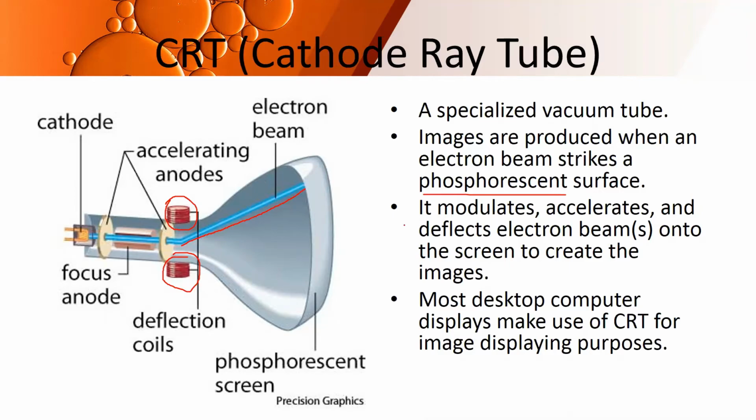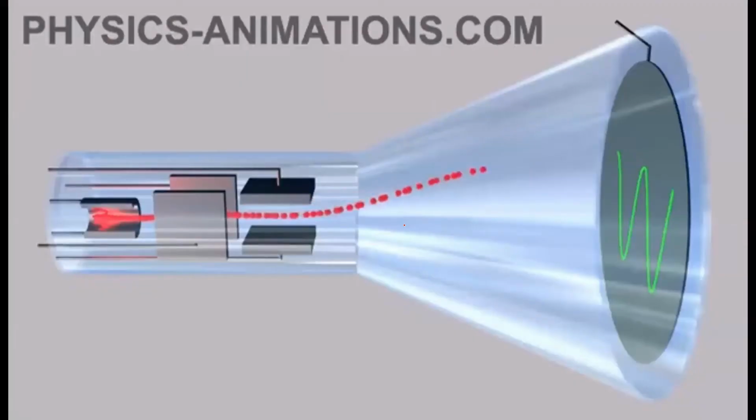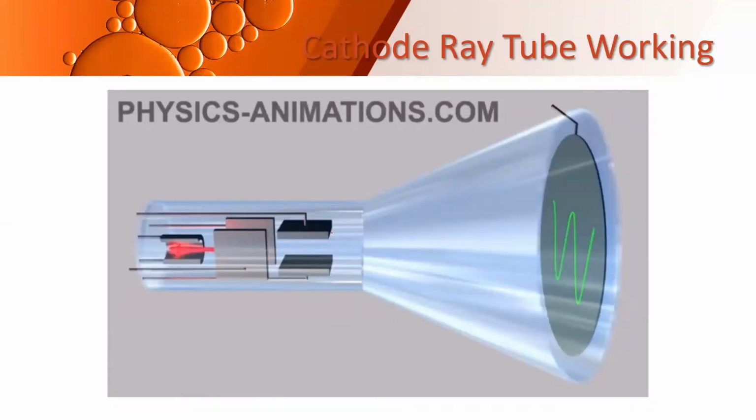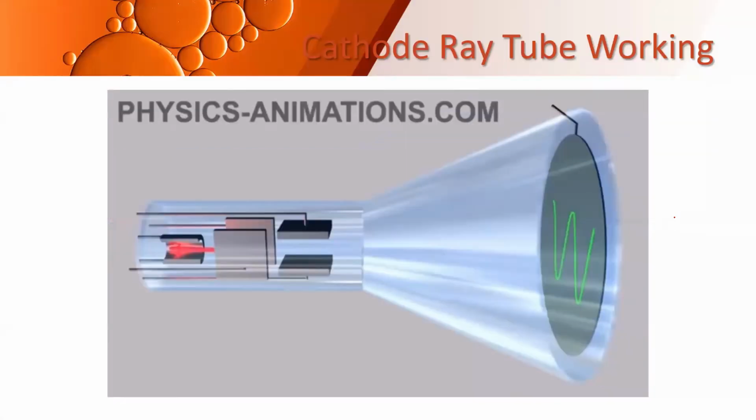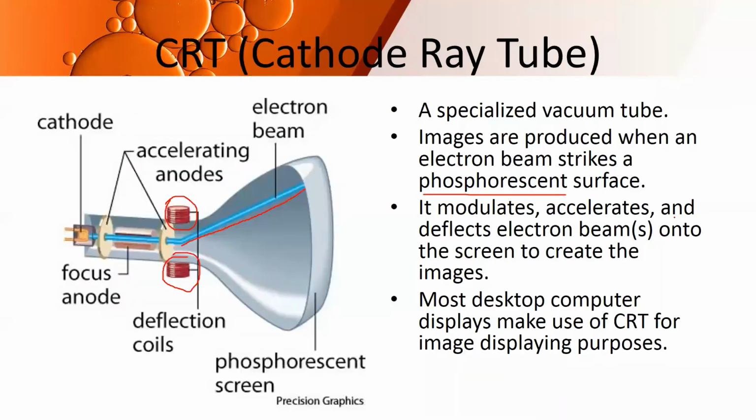You can see how the magnetic field is changing the direction of the electron beams. So wherever the electron beams strike the screen, the image or the pattern is created.